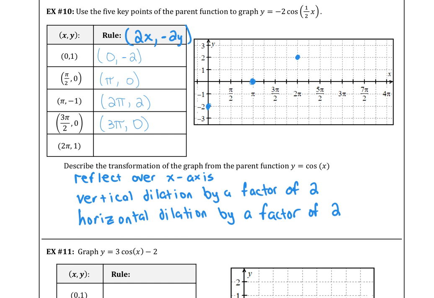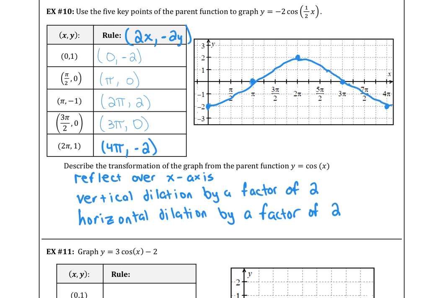So we are back to 0 at 3 pi. And then finally 2 pi times 2 is actually 4 pi. And then 1 times negative 2 is back to negative 2. So at 4 pi we're back to negative 2. And then again draw some concavity here. And we have our cosine curve.